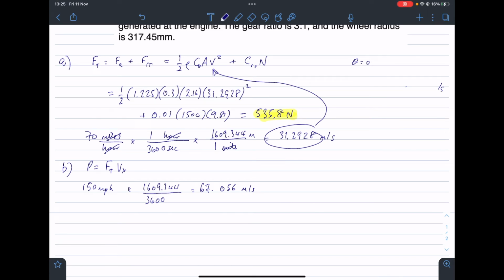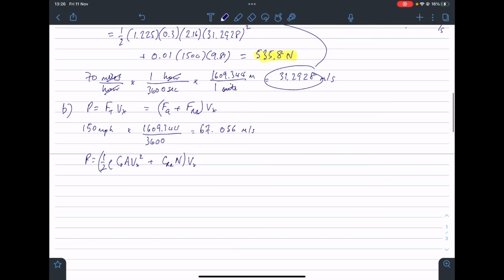And we know the tractive force. The power is going to be the aerodynamic resistance plus the rolling resistance, times Vx, or x dot or whatever. So power is 1/2 rho CD A Vx squared plus CRR N times Vx.